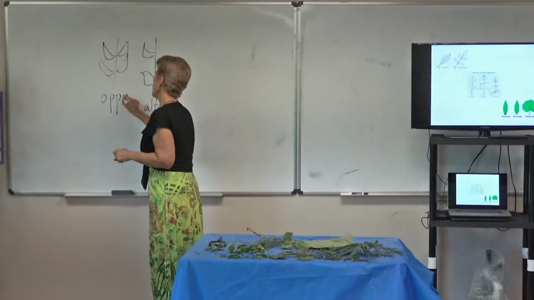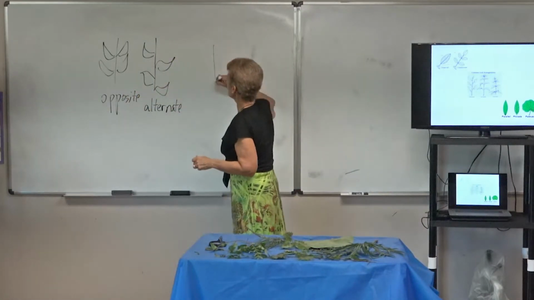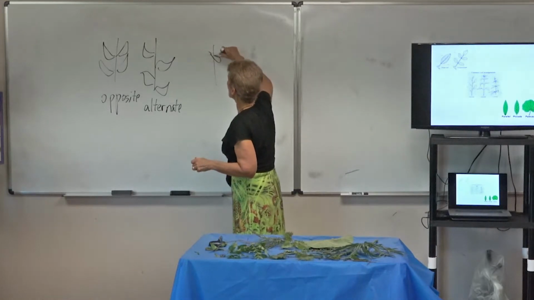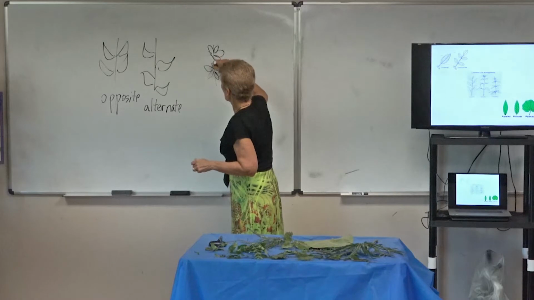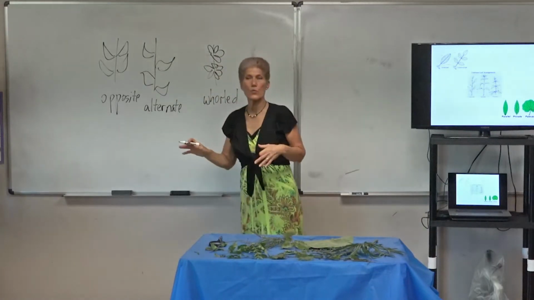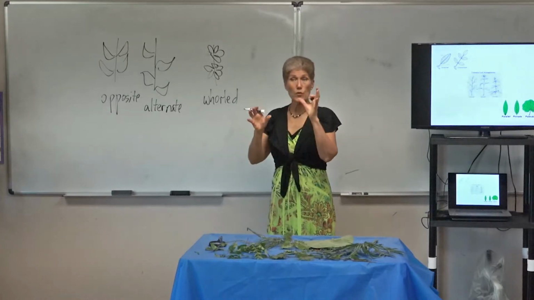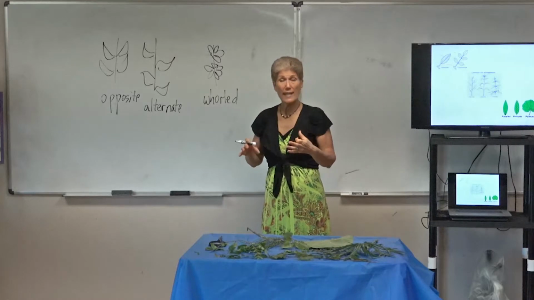And this is opposite. Alternating down, and then if the leaves go all the way around, it's called whorled. If you still have any of your leaves where you can tell what the stem was as far as the arrangement on the plant, go ahead and write that.